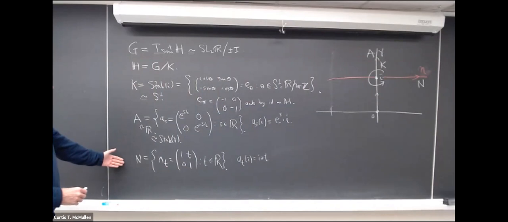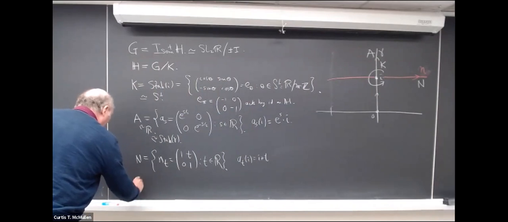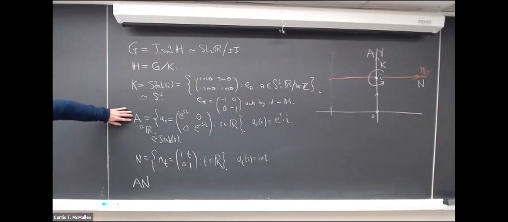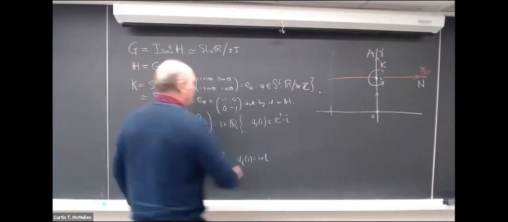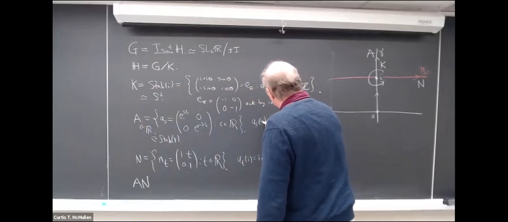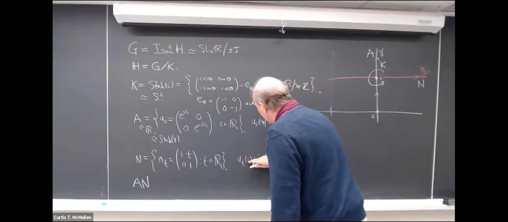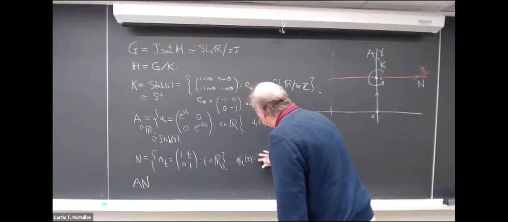Now there's one other group that you can form here that's also very interesting, which is the group AN. You see, A normalizes N. That is, let's put Z here. A_s of Z is just multiplication, and this should have been N_t. N_t of Z is just addition.